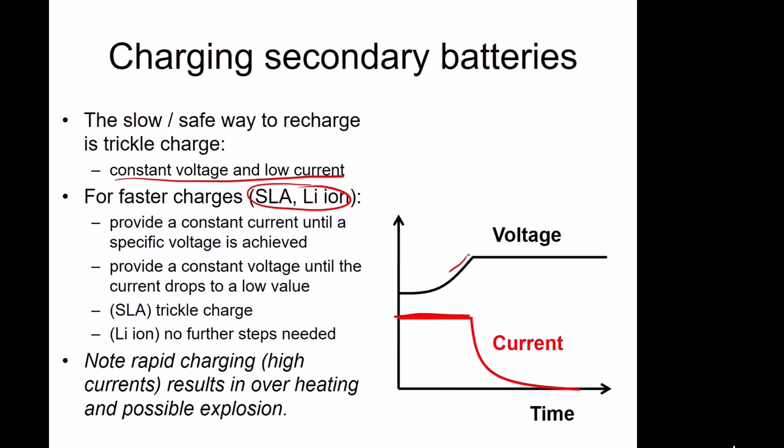When the voltage gets to a certain value, then depending on the battery type, you can either keep the voltage constant and trickle charge, which is what you do for your lead acid type, or in the case of lithium ion, no further charging is required. You do have to be careful with charging, because if you charge things too rapidly, then the battery can overheat and explode.